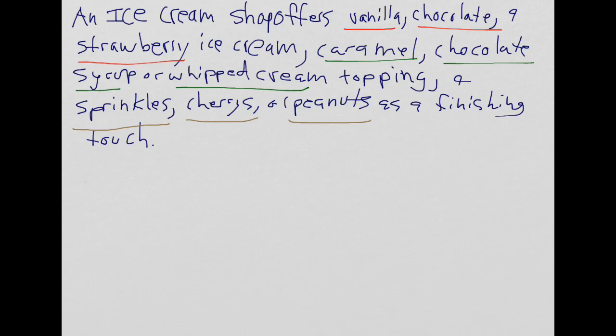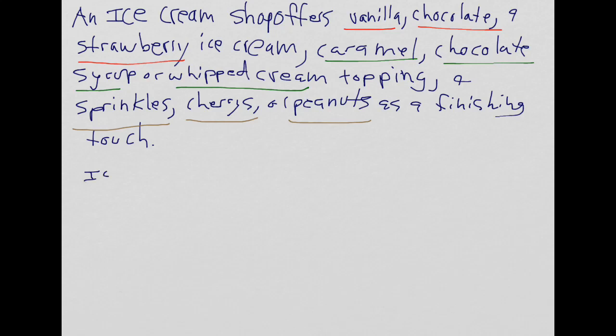So we want to know the total number of different possibilities of sundaes that you could make given these options. Now this is going to work just like the last one. I will go ahead and get you started. Think of it in terms of 3 different stages.